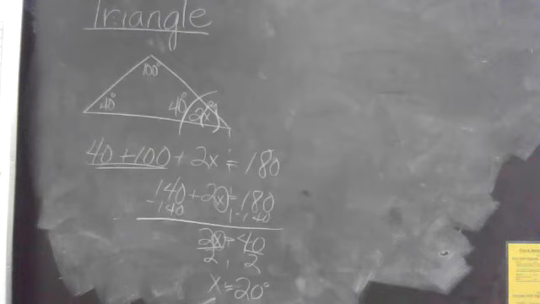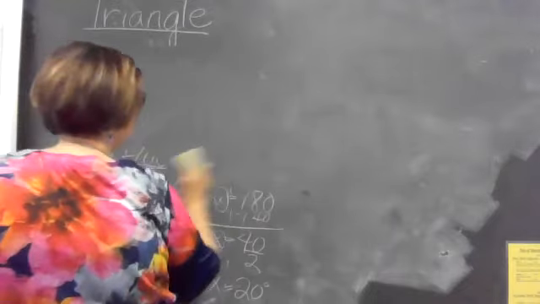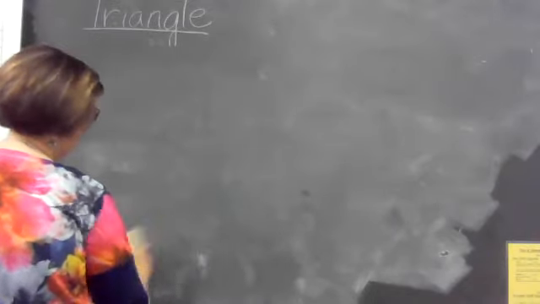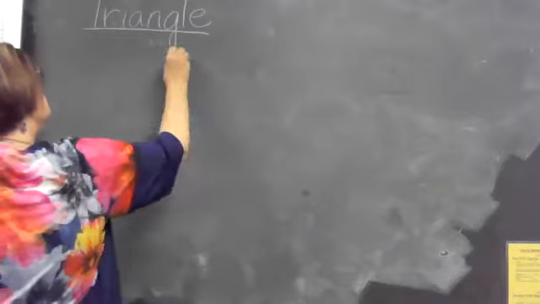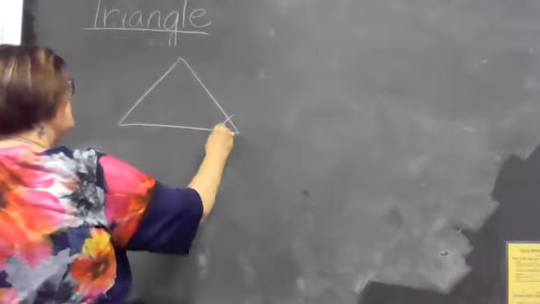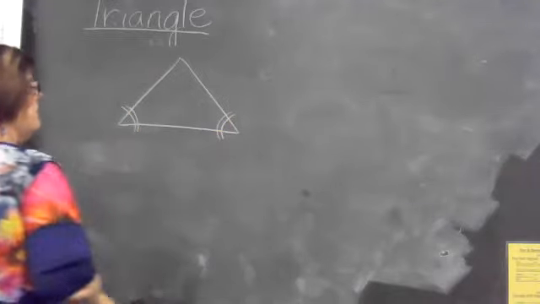Aha. This is what I was telling you a minute ago, is if a triangle shows that you have two angles that are equal, and it says this angle is equal to this angle, I'm just going to do this.